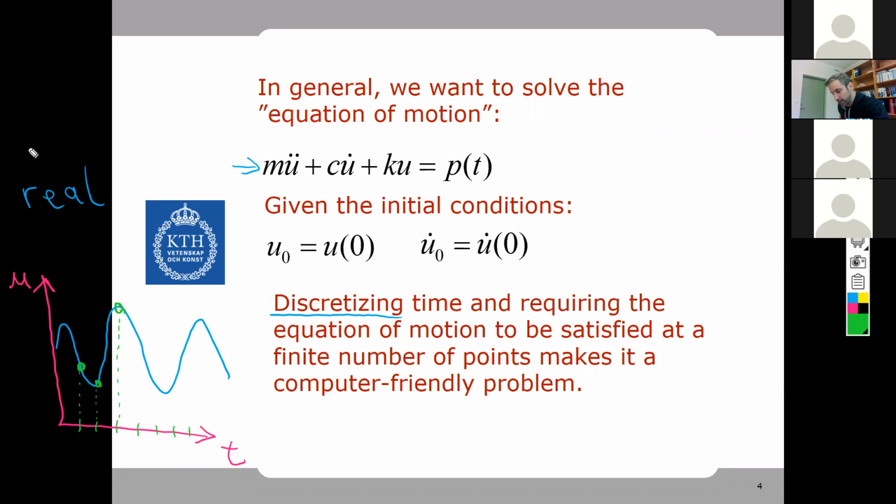So the green is the calculated response. Theoretically, we will have no idea what's happening in between. All the values here between two points are going to be unknown to us or to the computer.